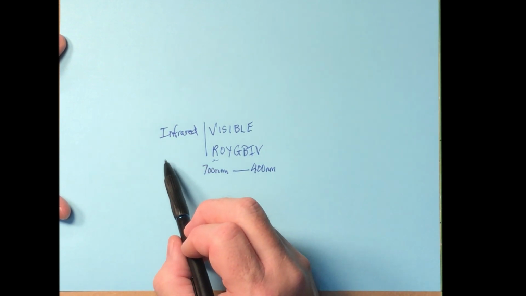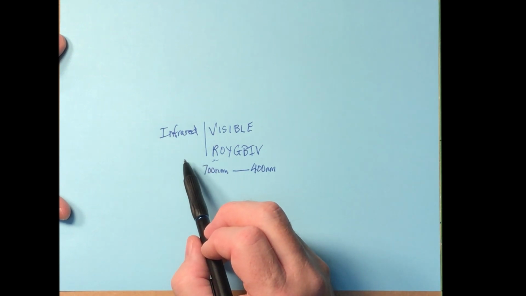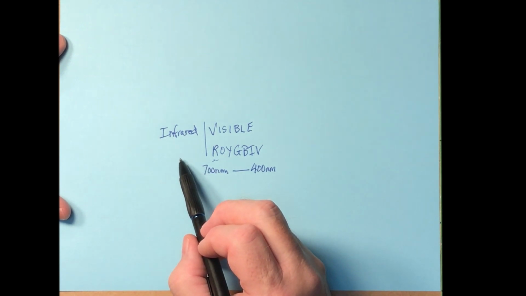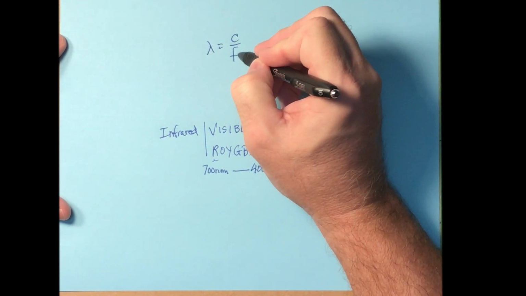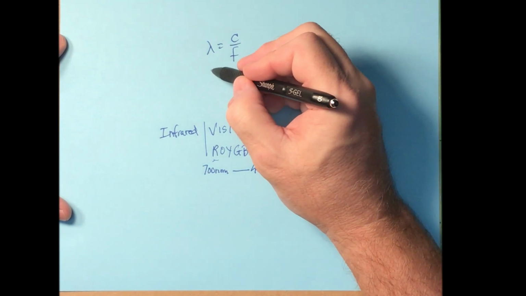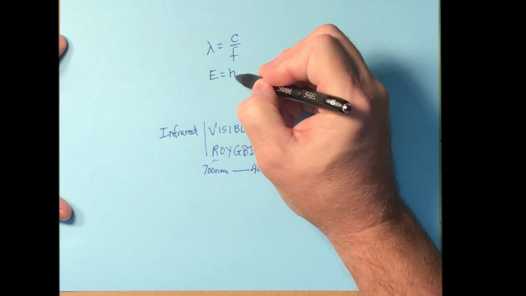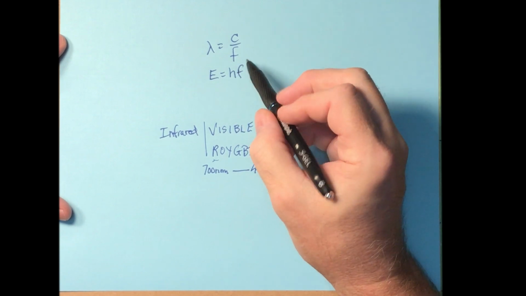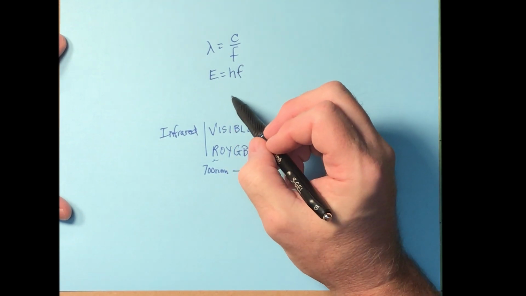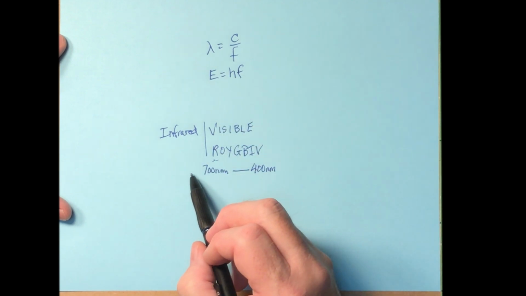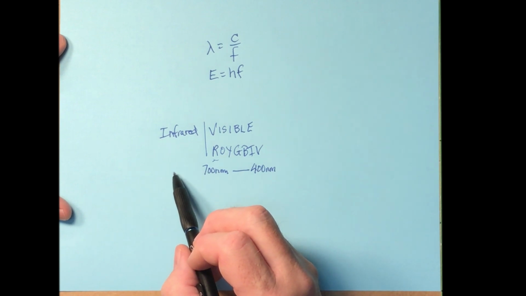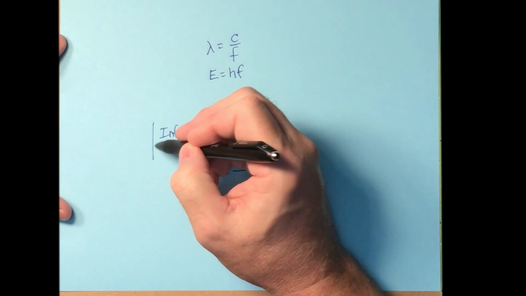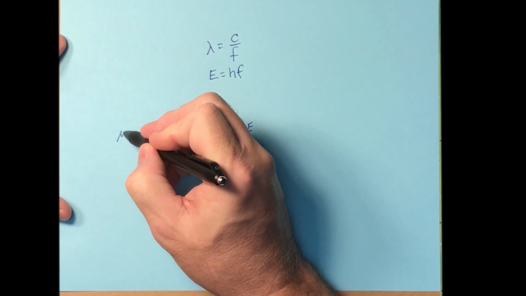So these would have a longer wavelength and also a lower frequency, because the wavelength is inversely proportional to the frequency. And also energy, which is related to h times the frequency. As the frequency decreases, the energy also decreases. So going to the left here, from visible into infrared, we're going into the region of longer wavelength, lower frequency, and lower energy. Okay, beyond the infrared, there's a region that is often called the microwave region.